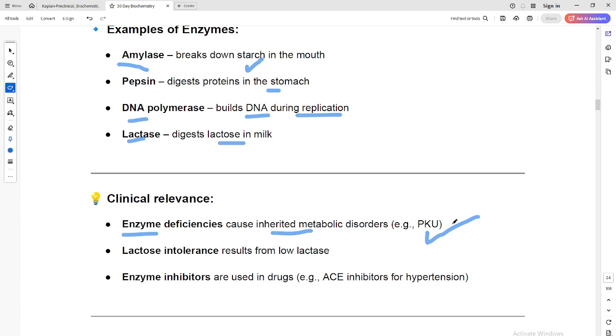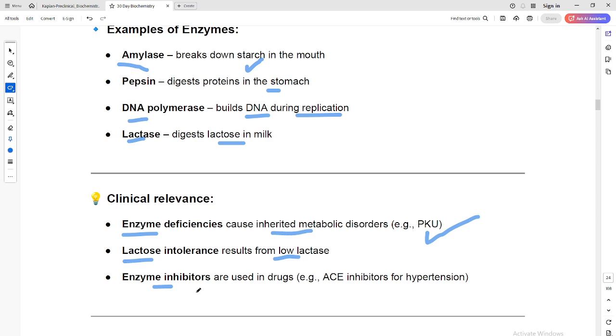This stops the metabolism of phenylalanine and causes this metabolic disorder. The enzyme deficiency is caused by a genetic problem that is inherited from the parents to their offspring. Lactose intolerance results from a low level of the lactase enzyme that happens in some people.